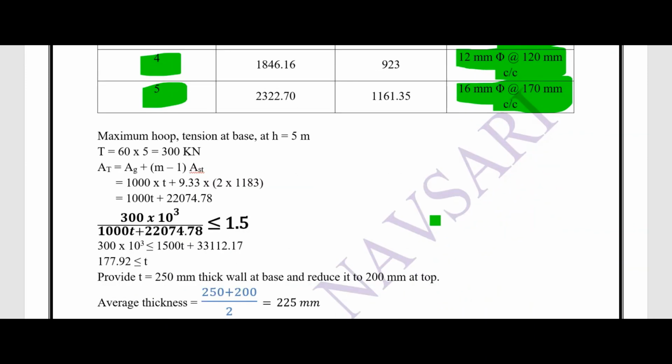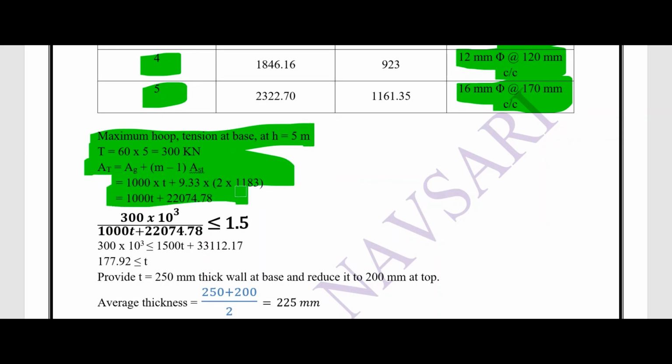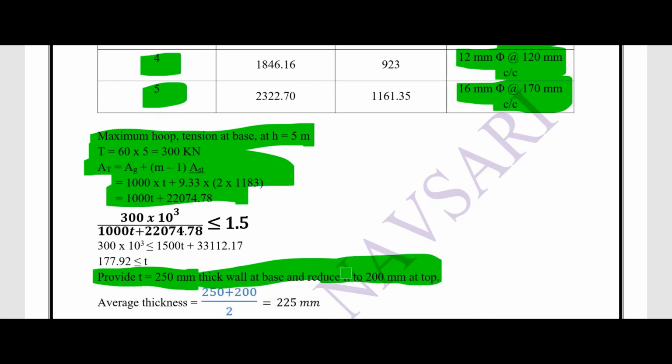Now we have to calculate the thickness. So tension is 300 kN at bottom. After the same calculation, we can find thickness is 250 mm thick wall at the base and reduce it to 200 mm at top.